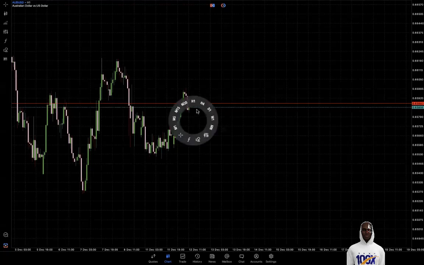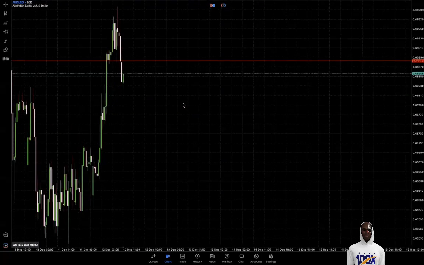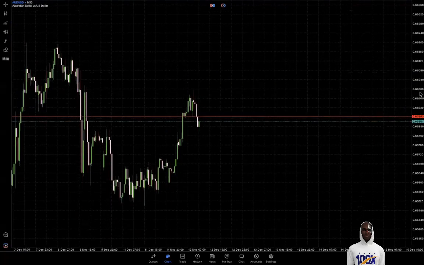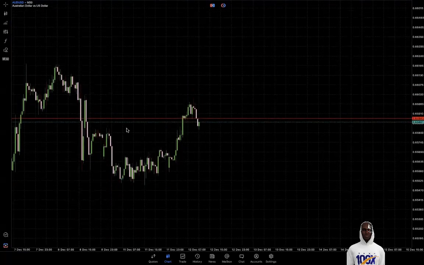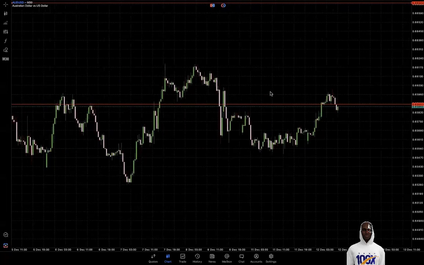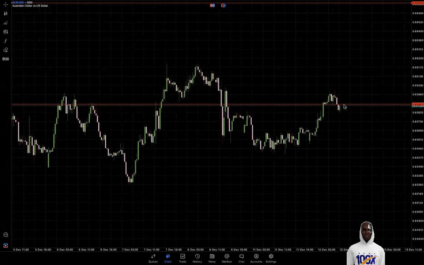Now we can go down to the 30-minute time frame, to equally see for ourselves what is happening. Of course, the candlestick that broke out of this level has broken back into this level. Now this says a lot about the price action here.